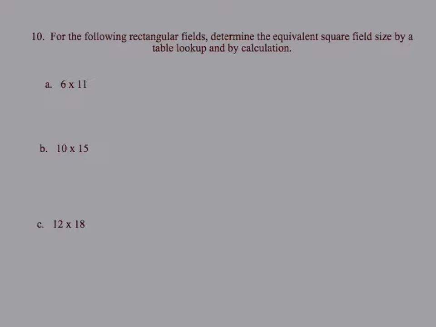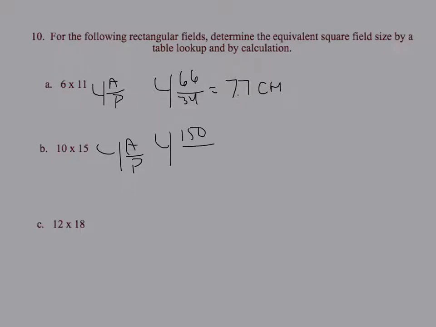But let's just go over how we find equivalent square using a calculation, and that's Sterling's formula, 4A over P. So for this first guy, the area is 66, and the perimeter is 34, which is giving me a 7.7 cm square. For B, my area is 150, perimeter is 50, 12 cm.